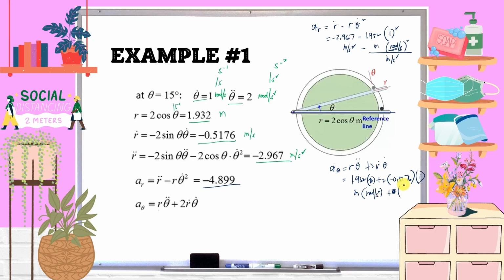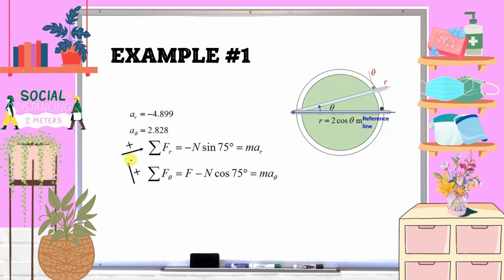So this has a unit of meter per second, this has a unit of rad per second. Since rad are all unitless, this has a unit of meter per second squared. So solving, we will be able to get this value. Only now can we apply the equation of motion we obtained, since we have just calculated a sub r and a sub theta.